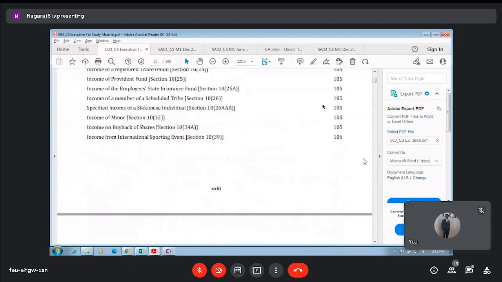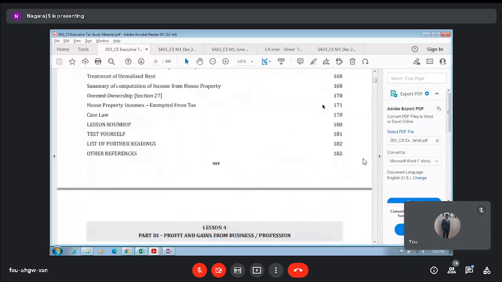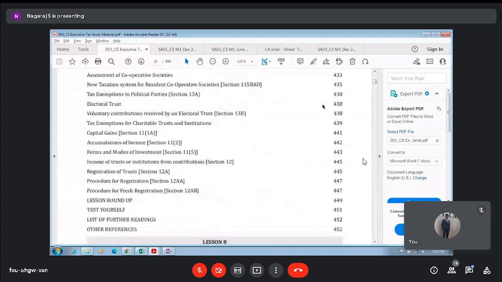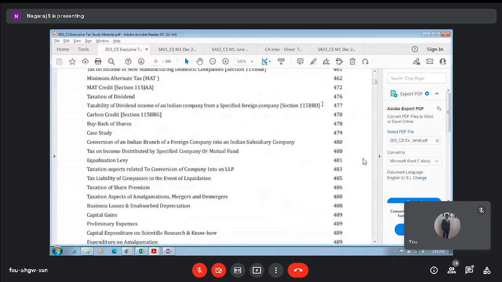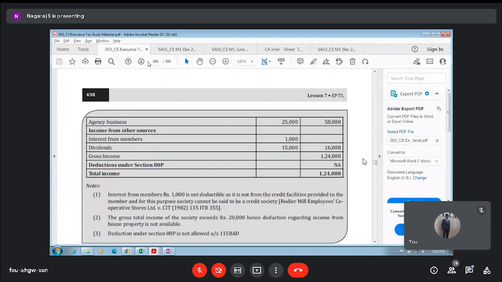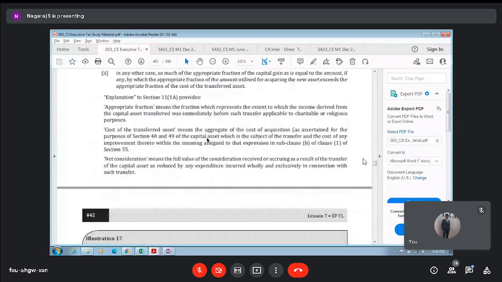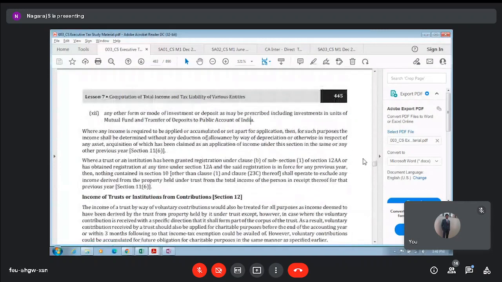MAT 115 JB. It will be after 458, sir. 115 JB. 462. Mark this one also important. You will get minimum one question from this chapter.